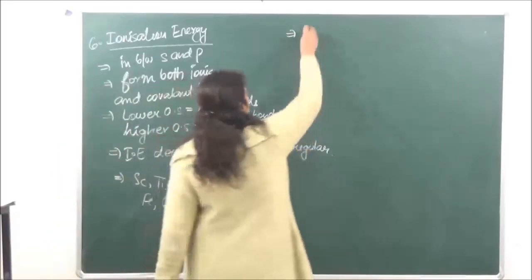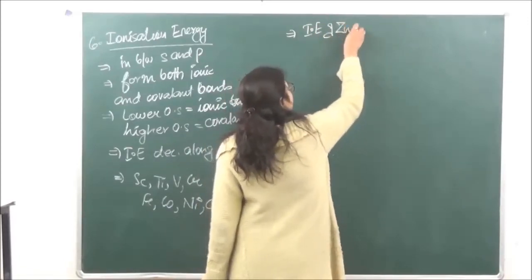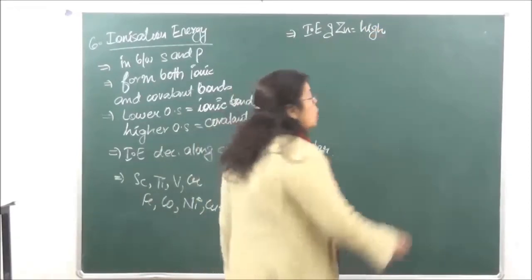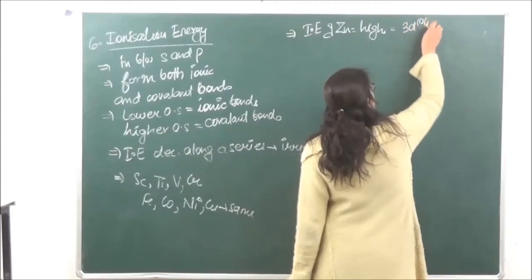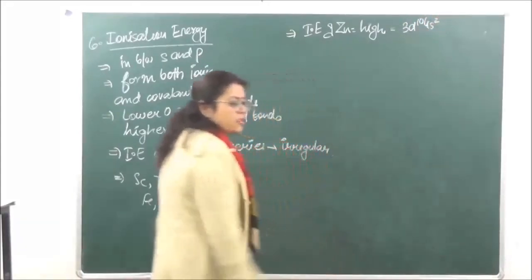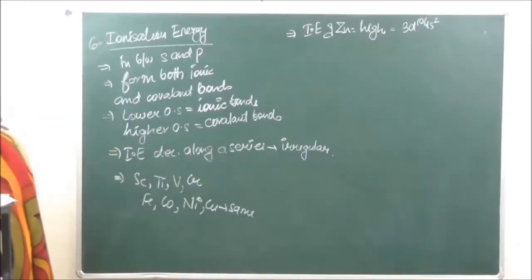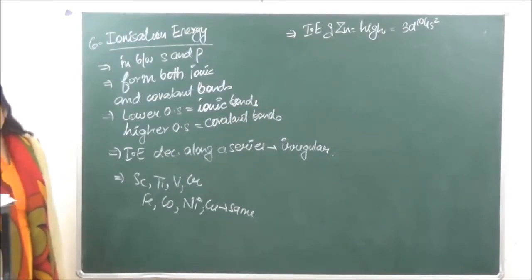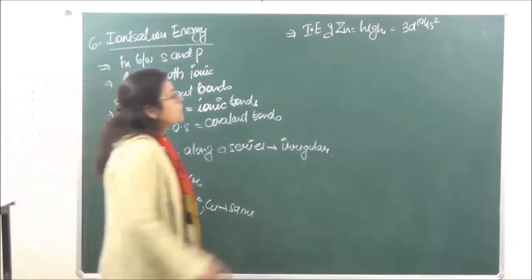It is seen that the ionization energy of zinc is high in the first transition series because of the stable electronic configuration of 3d10 4s2, a fully filled configuration in the outermost shell, which makes the ionization energy of zinc quite high. Now, second and third ionization energy also increase along a series.